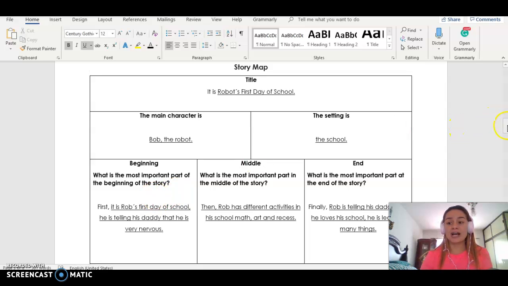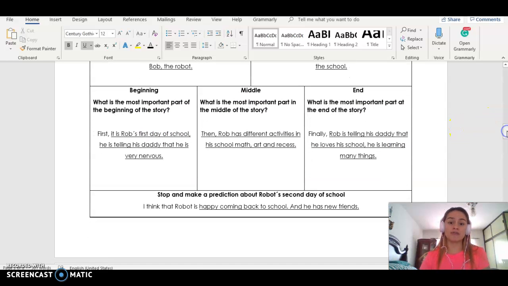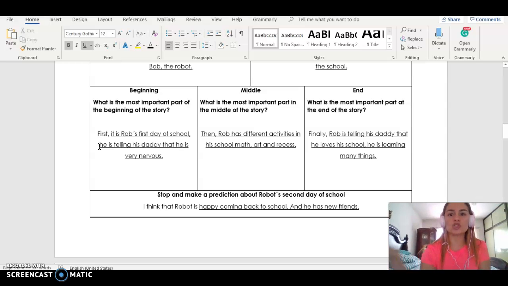Then we have the 3 parts of a story: beginning, middle, and end. In this part, you can have many possibilities to say the beginning, the middle, and the end. But what we suggest as teachers is to use present progressive to express what Robot is doing in her first day of school.